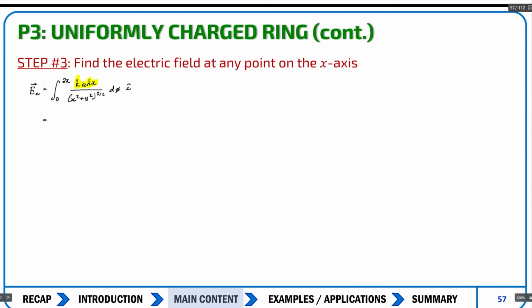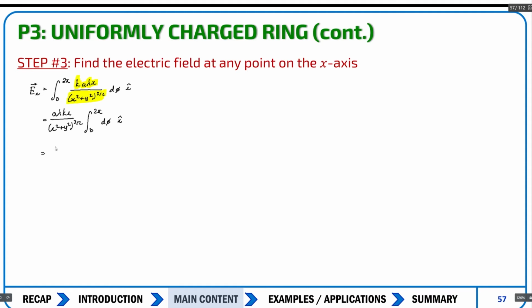These are all constants, in fact, because x and y are not dependent upon phi. So you end up with a lambda kx over x squared plus y squared to the power of 3 over 2, times the integral of 0 to 2 pi of d phi in the x hat direction.